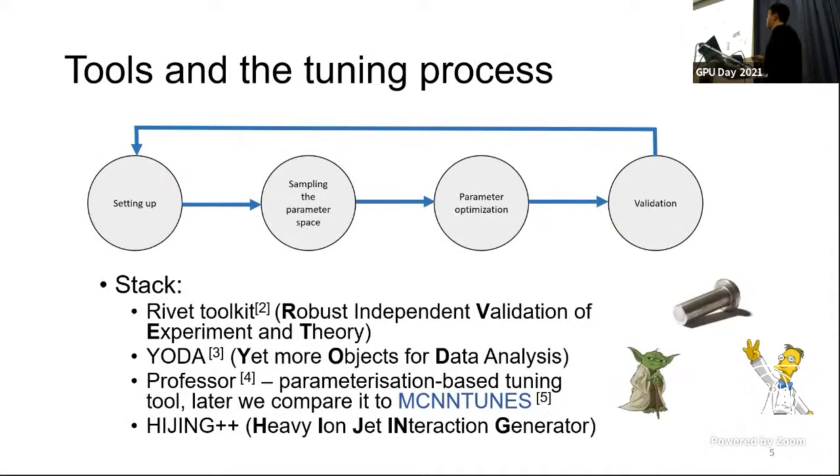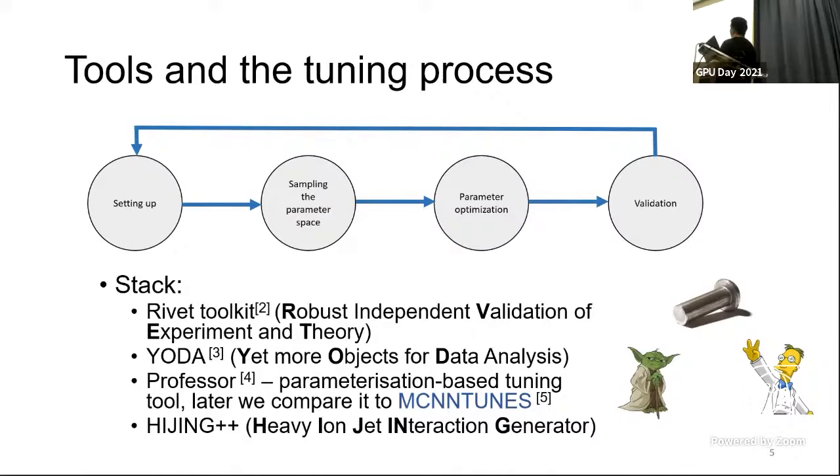In the next slides, I'm going to introduce you to the tools and the tuning process. First, we set up the environment. I'm going to talk about each step briefly, but there's a different slide for every one of them. First, we set up the environment and sample the parameter space that we chose.